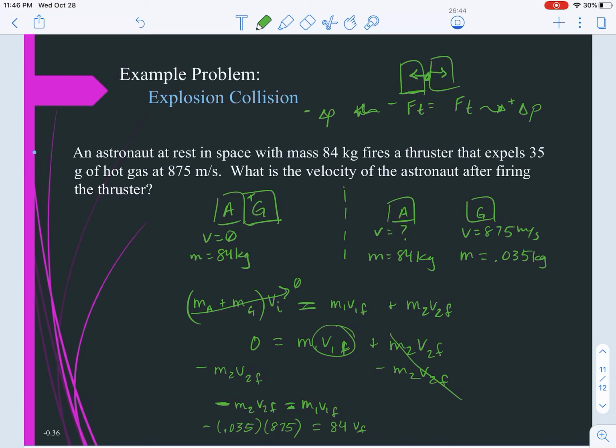equals 84 times VF. And so we would simply take this and we would divide by our 84. And what that's going to do is calculate for us a negative number for my velocity. But if I think about this conceptually, that is completely acceptable.